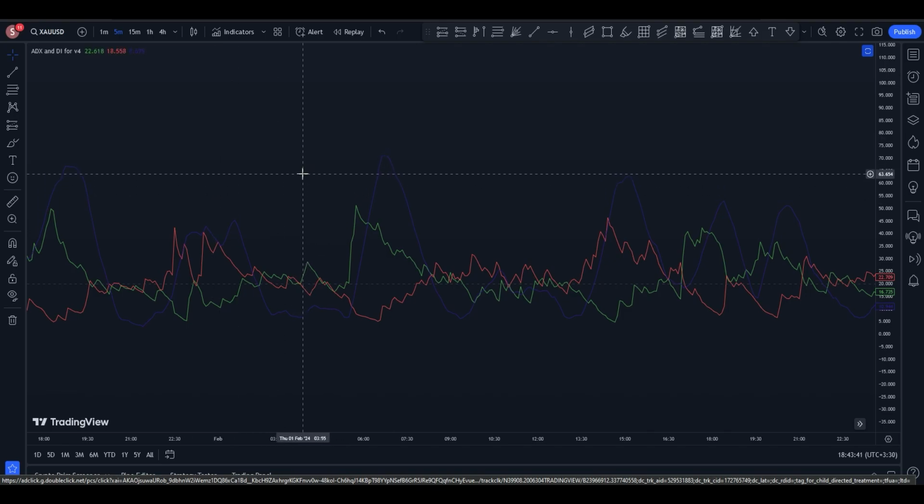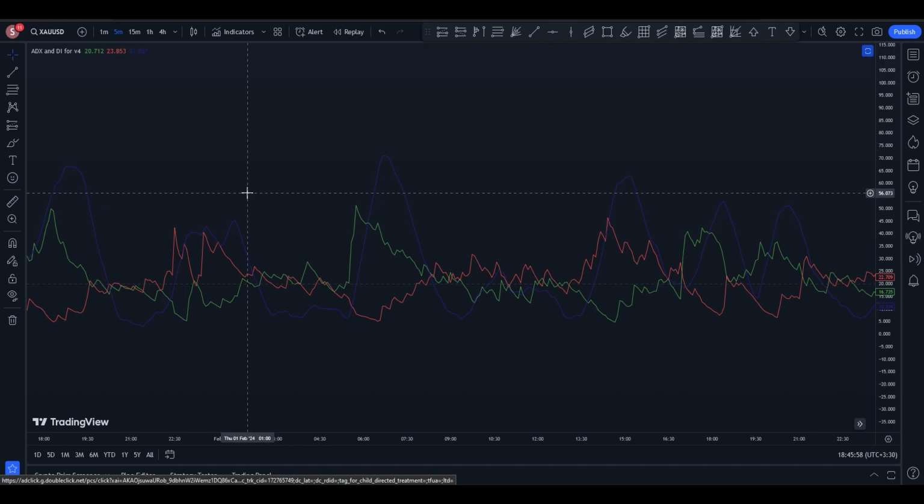The ADX indicator can help traders identify trend changes, entry and exit points, and trade signals. Some of the ways to use the ADX indicator are crossover, divergence, and threshold.